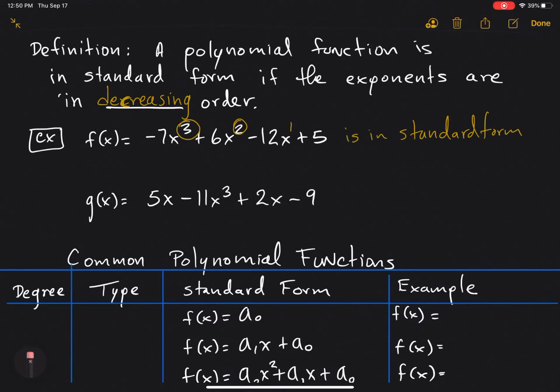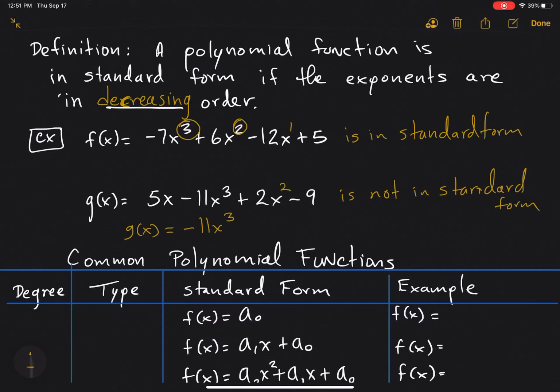This is not in standard form. If you wanted to write it in standard form, you have to rearrange the exponents in decreasing order. Well, I guess that was a bad example.